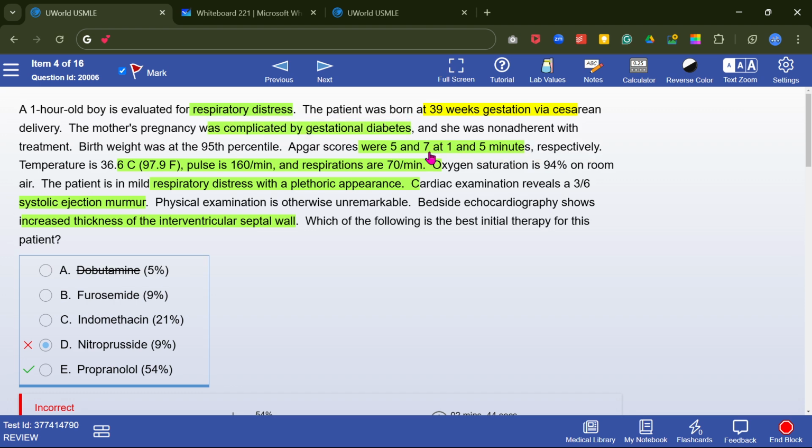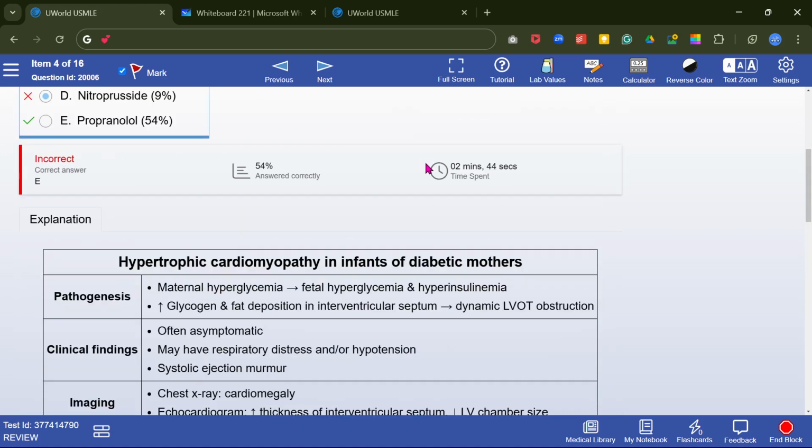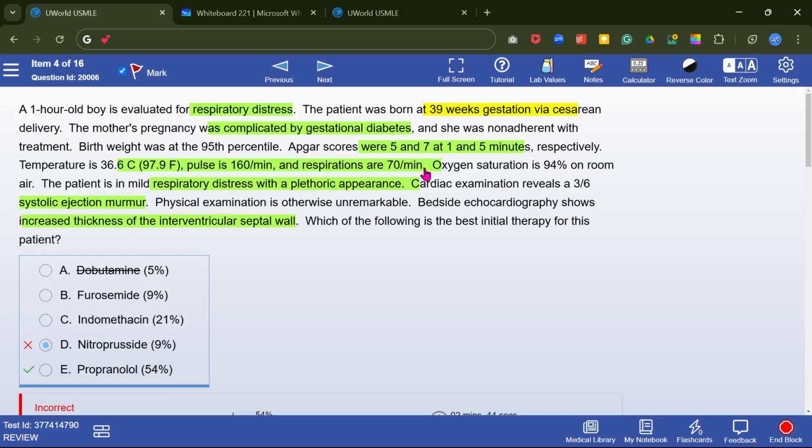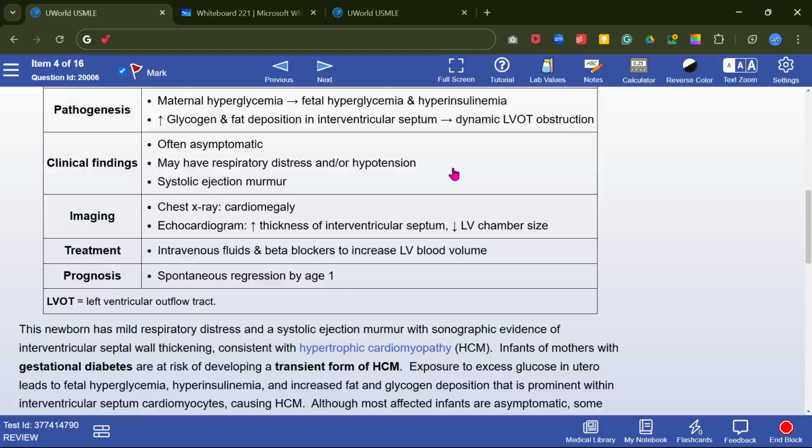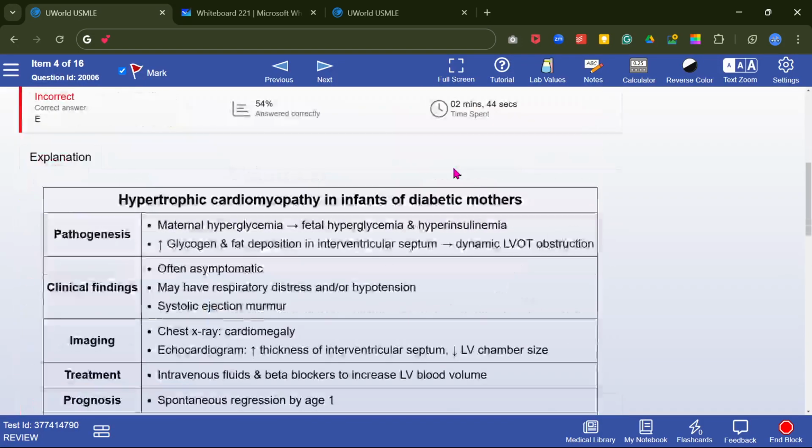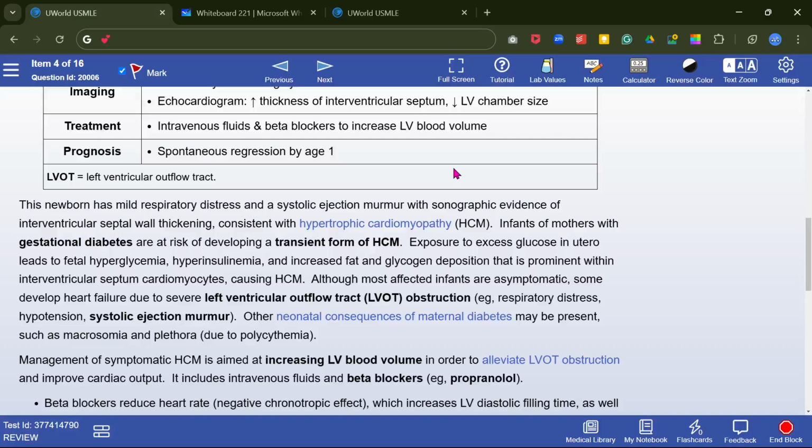So this is a diabetic mother, with hyperglycemia in the neonate. So it's hypertrophic cardiomyopathy in infants of a diabetic mother.